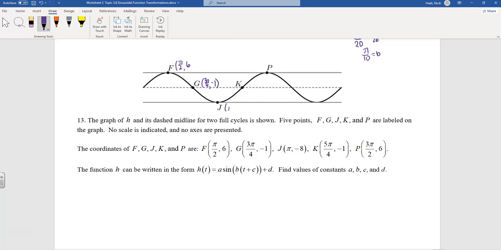J is pi, -8. K is 5 pi over 4, -1. And P is 3 pi over 2, 6.